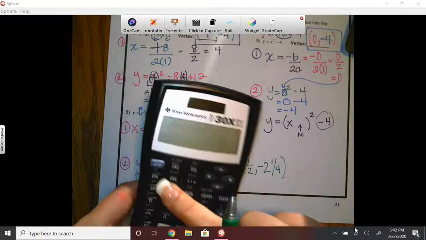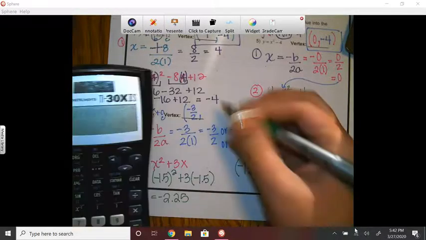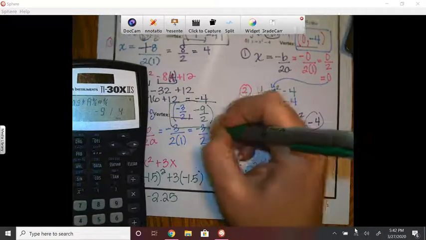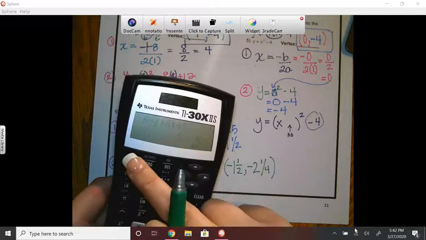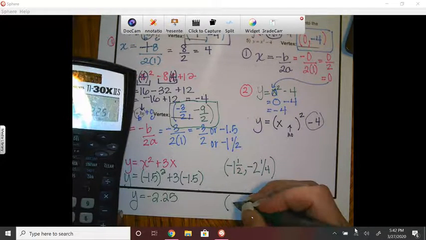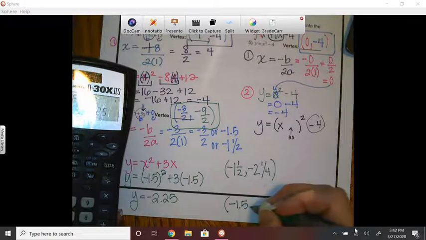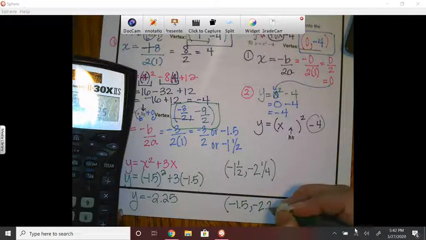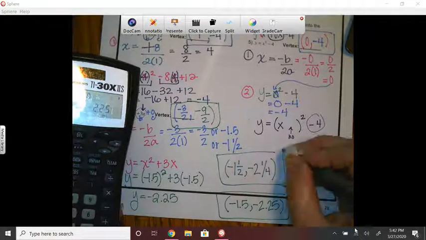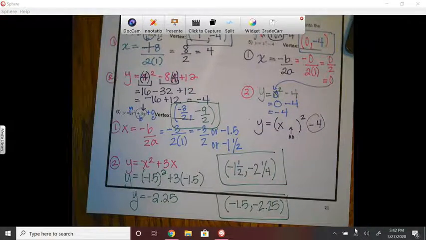And then I can change it to improper and write my answer like this. So these two answers are both good. Or as a decimal, I can have -1.5, -2.25. So all three of these answers would be excellent unless the directions said we had to leave it as a decimal or in fraction form.